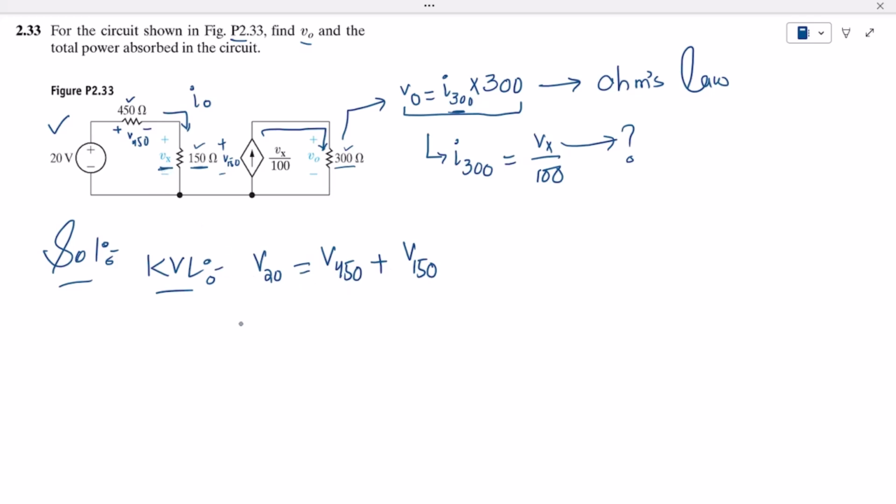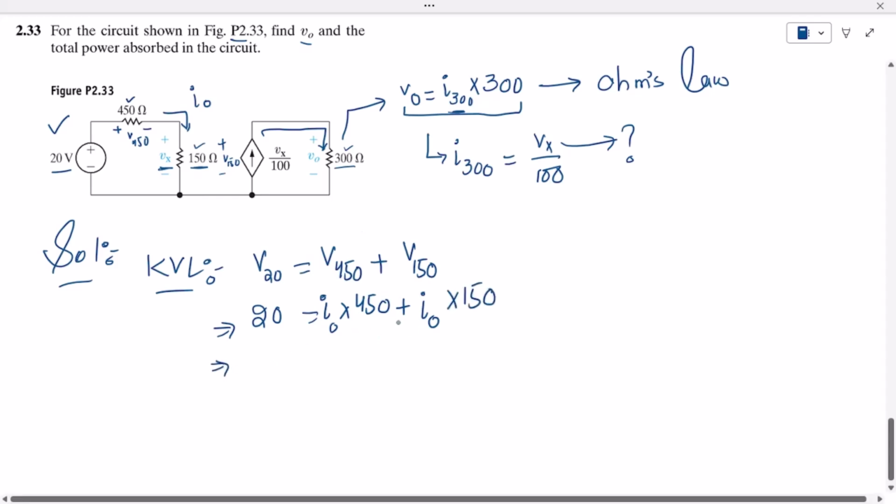Solving it, we can write 20 is the voltage V20. V450 is unknown, but the current multiplied by the resistance by Ohm's law will give us the value. So that would be I naught multiplied by 450, and the value of V150 is the current multiplied by the resistance, which is again I naught because these two are in series, so it would be 150.